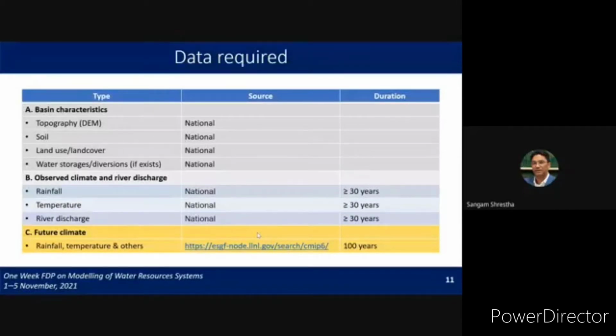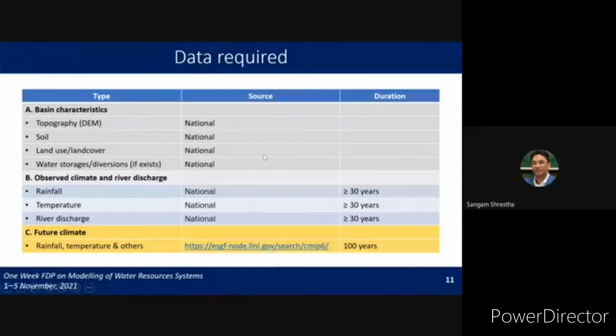So these data can be freely downloaded from the websites of those research centers. One of the links I have given here is where we can find climate data of at least 100 years from several general circulation models or regional climate models.